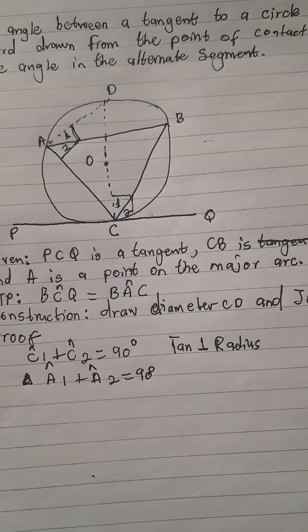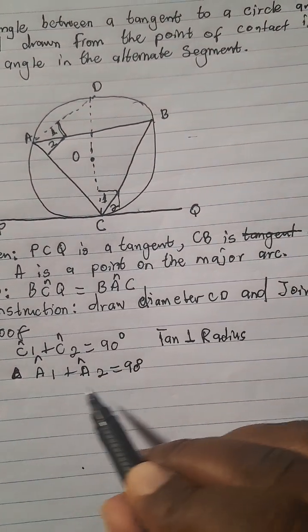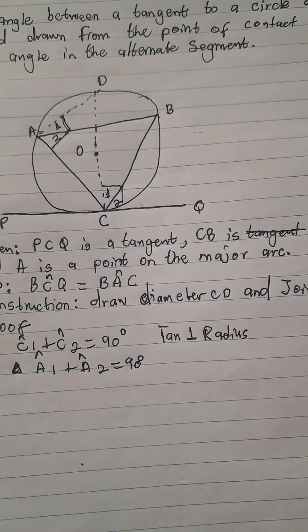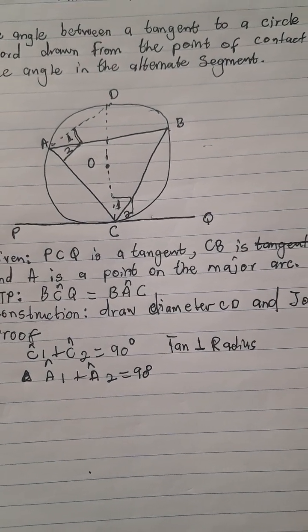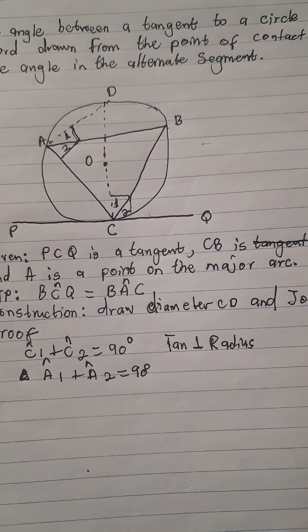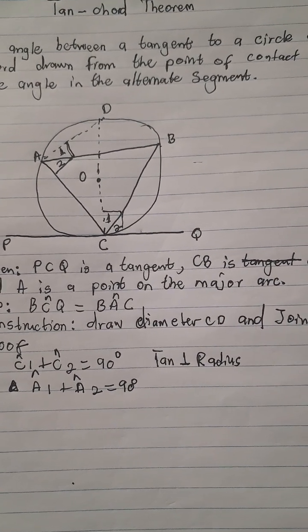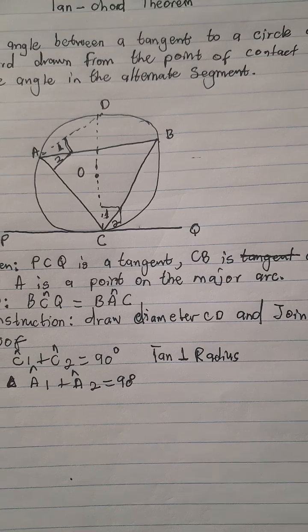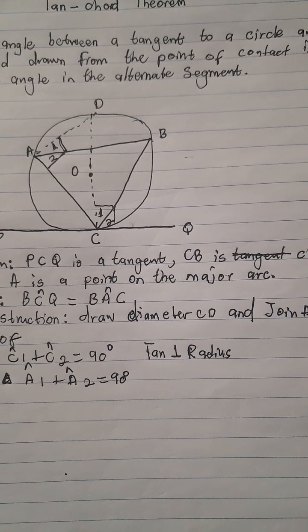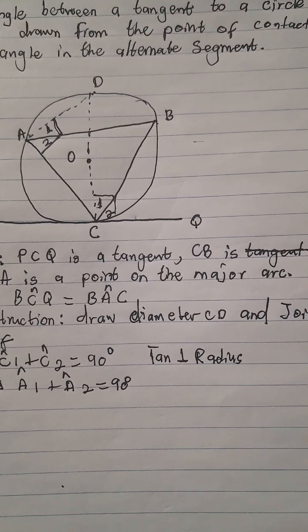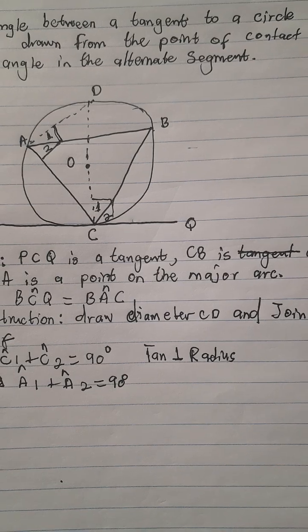I hope, guys, you're looking at this. Very important: A1 plus A2 is equal to 90 degrees. Then you may ask, Mr. Richard, what would be the reason? Remember, when a diameter subtends a right angle, the reason will always be angle in a semicircle.